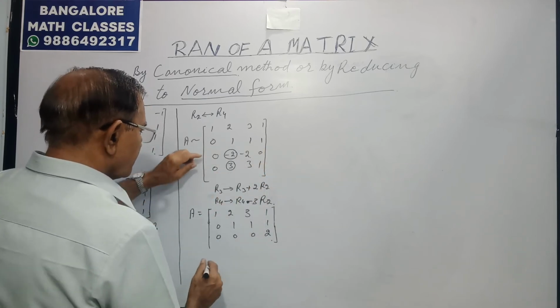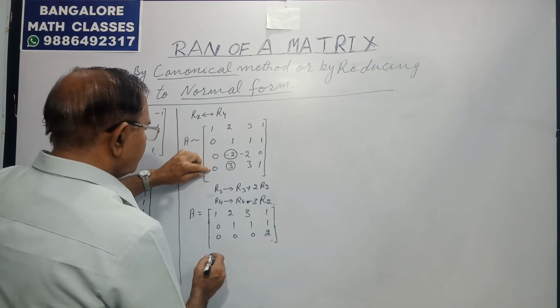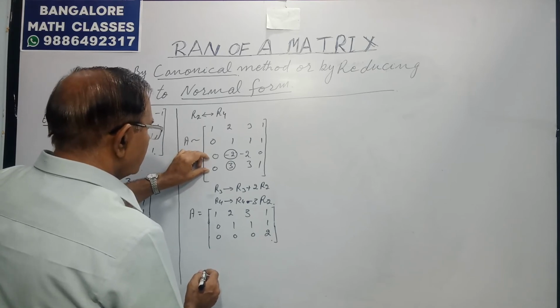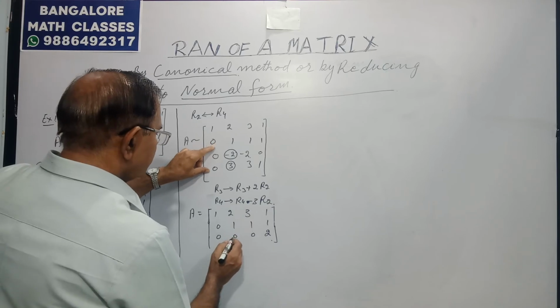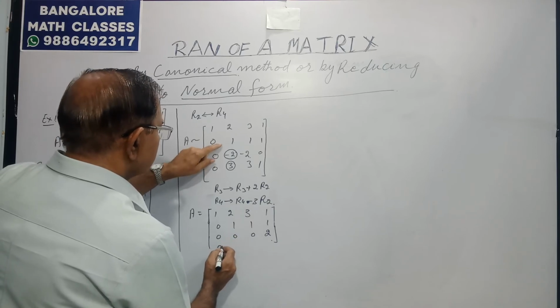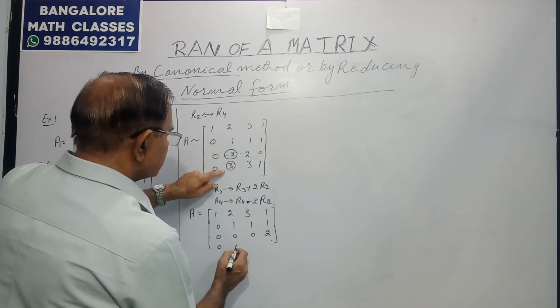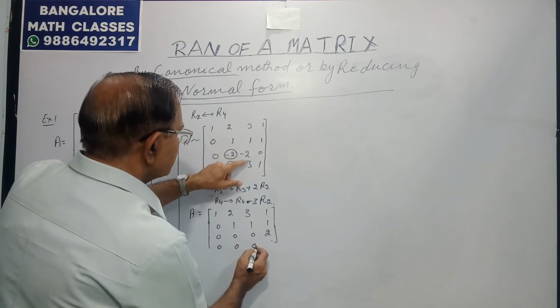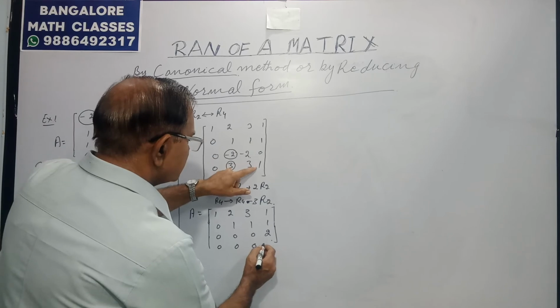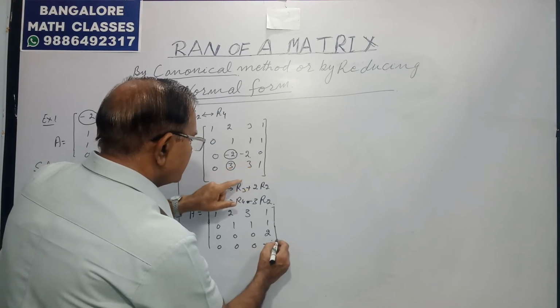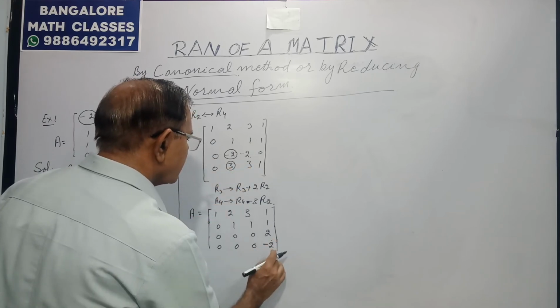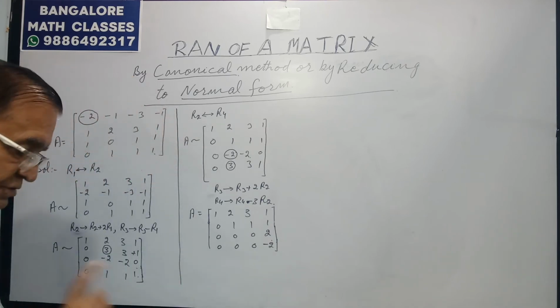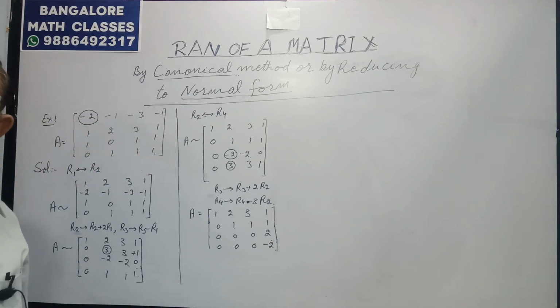See here, R4, R2, triple and subtract. This is what I get. Like that, use your finger to add and subtract carefully.